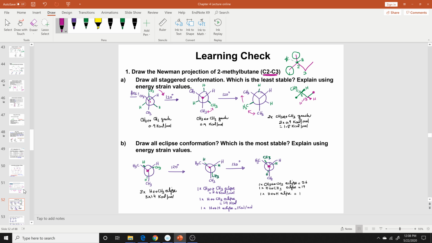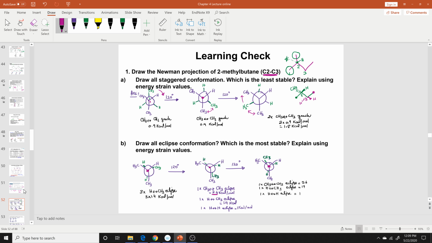In this case, you have the torsional and you have the steric. So both, it's going to be torsional and steric at the same time. This is why the energy is going to be very high. The term steric, again, we defined it whenever you have 2 big groups close to each other.